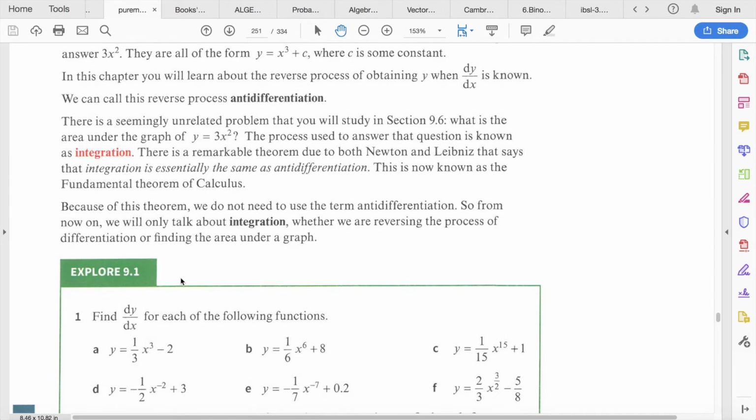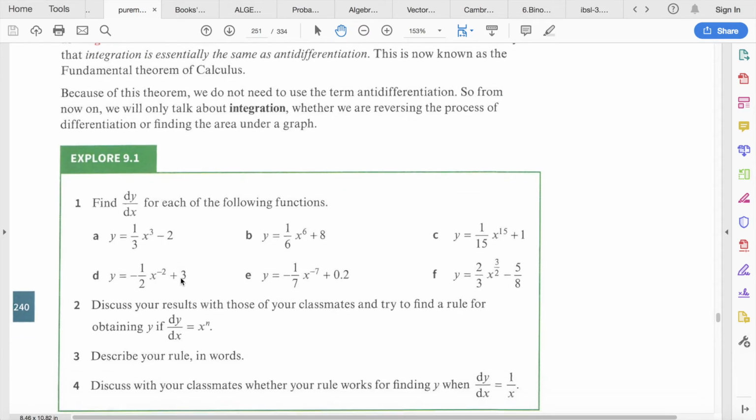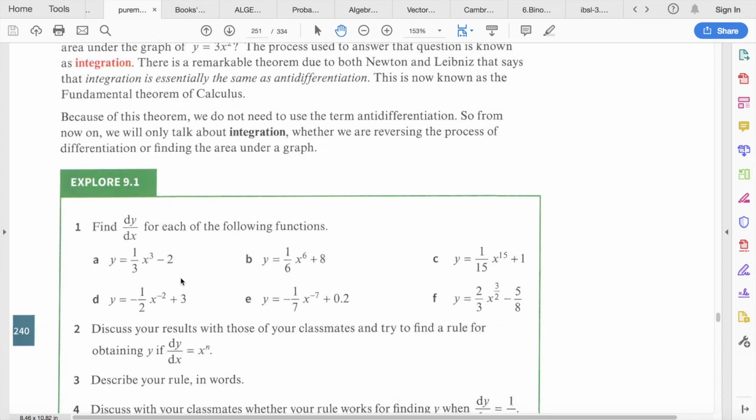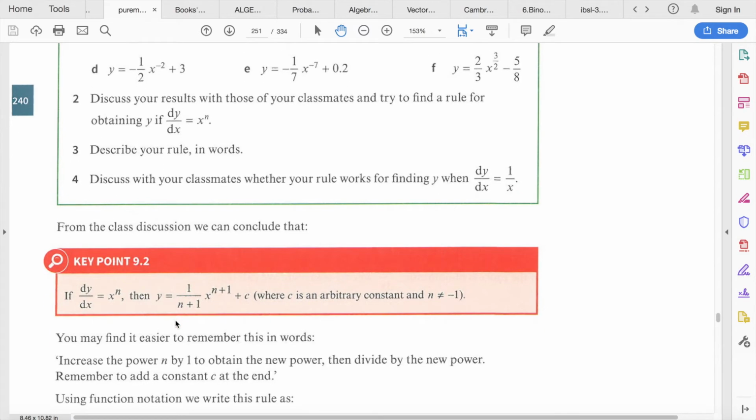So we learned that integration is the reverse process of differentiation. Now, let's see the formula of integration. If dy/dx is x^n, we learned that differentiation subtracts 1 from the power, so the power n is converted to n - 1.